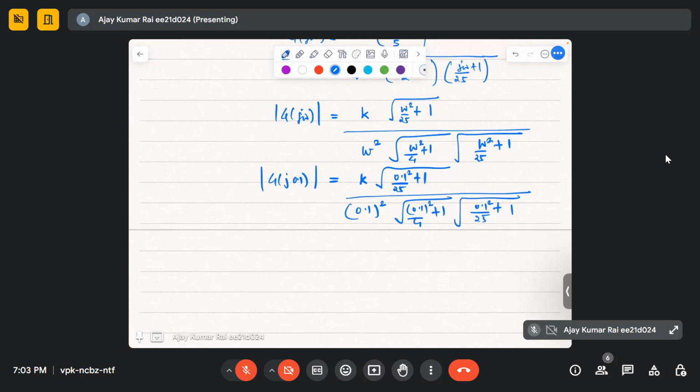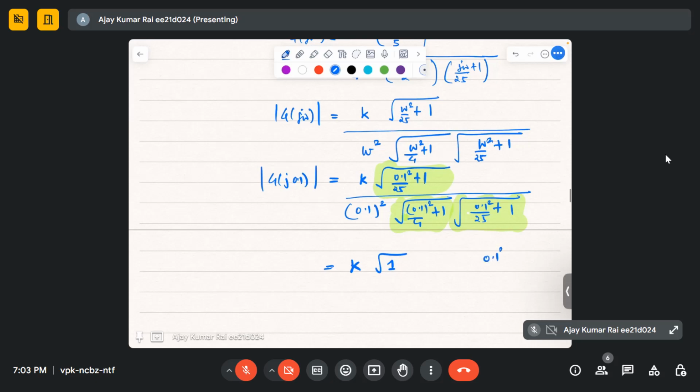So if you see these terms, what you'll get, just compare 1 with 0.1 squared by 25. If you just see the numerator, you can calculate the value also, and you can approximate this to 1, right?